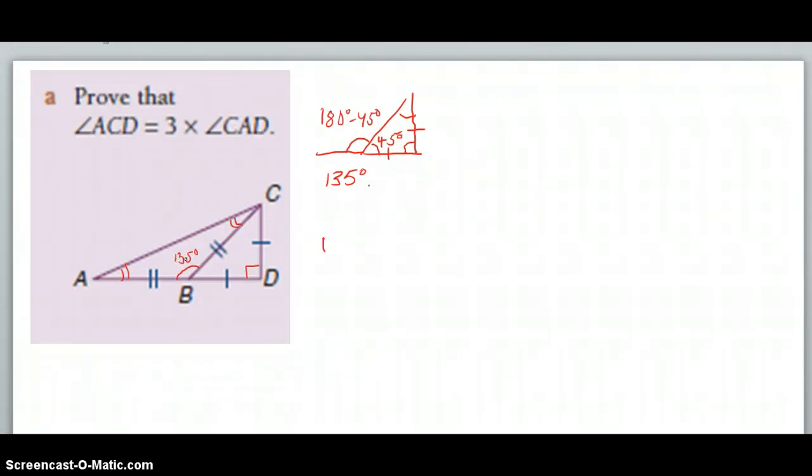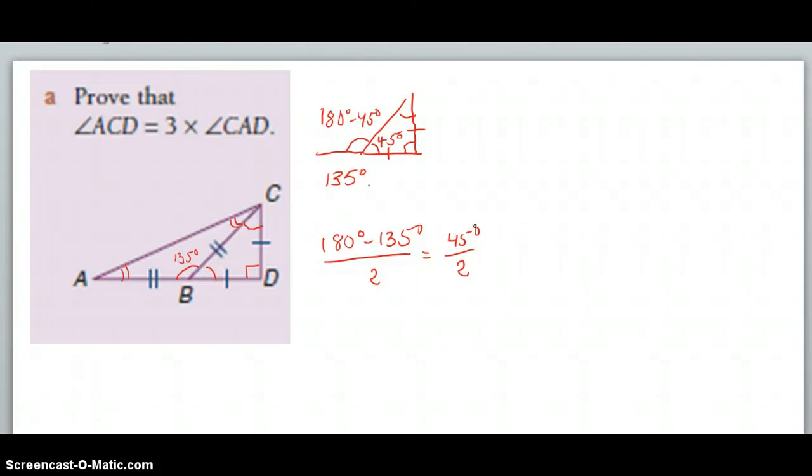So we can do 180 degrees minus 135 degrees, and half of that must be one of these angles. 180 minus 135 is 45 degrees, divided by 2 is half of 45. Now, if this is half of 45, then remember that this is 45 degrees just as this one.